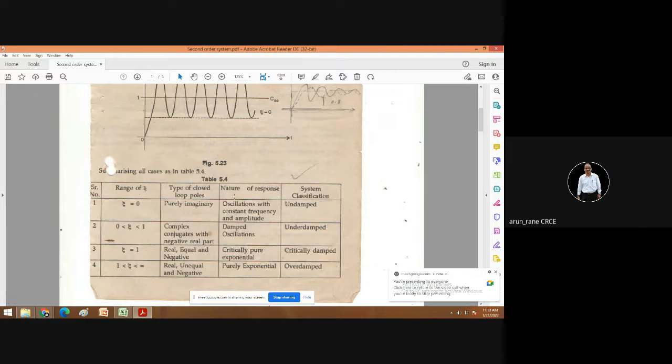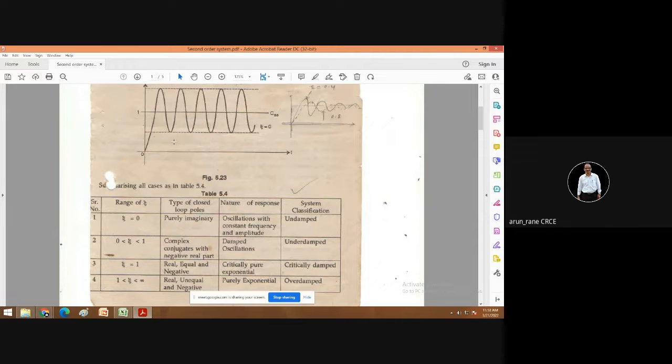Now here it is the nature of response. If it is undamped, it means oscillations with constant frequency and amplitude. The system will oscillate with constant frequency and amplitude like this.